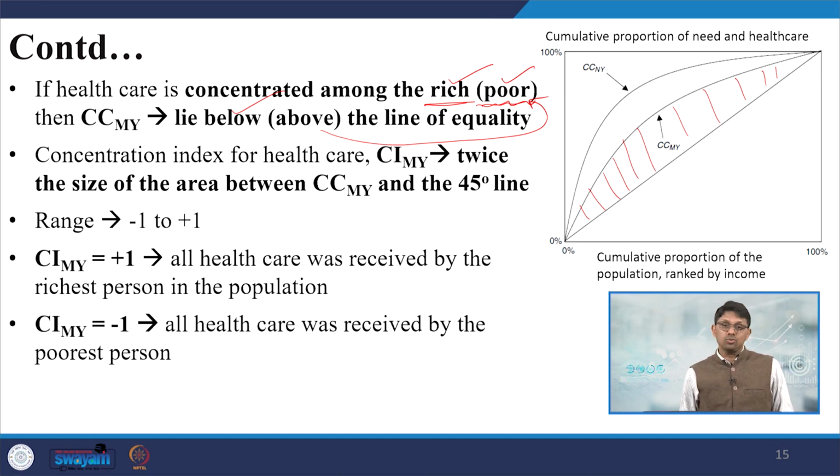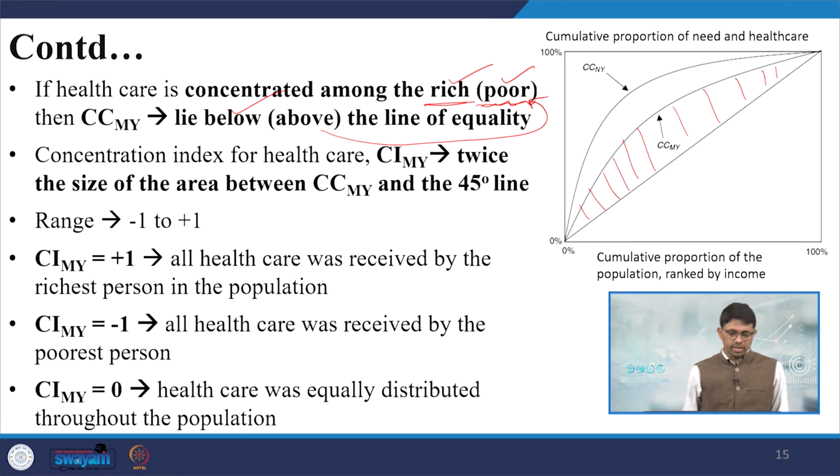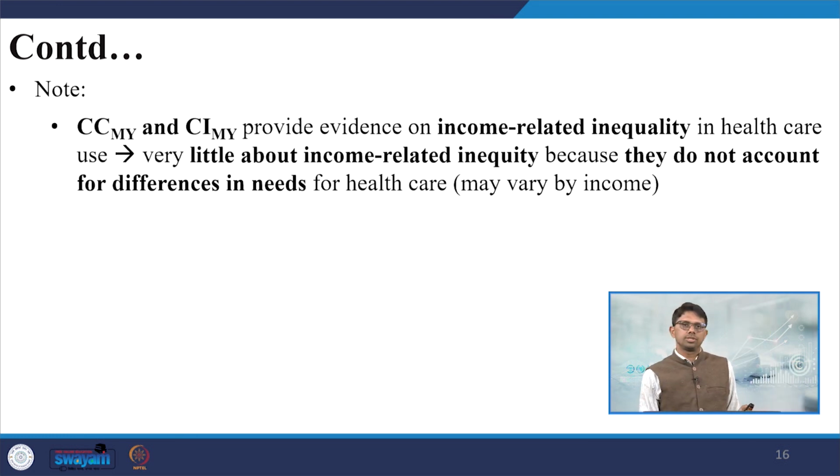And if it is -1, just the reverse, and the poorer are the major beneficiaries. And if it is 0, that means it is overlapping with the line of equality, or healthcare is equally distributed between poor and rich population throughout the distribution channel.